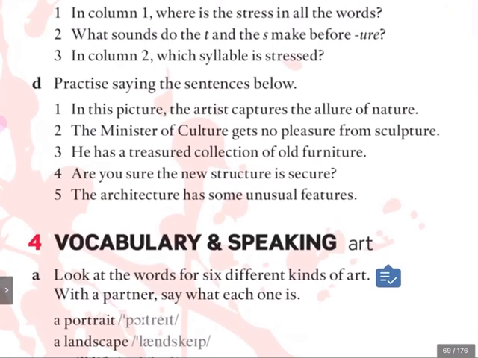Number 3. He has a treasured collection of old furniture. Number 4. Are you sure the new structure is secure? And number 5. The architecture has some unusual features.